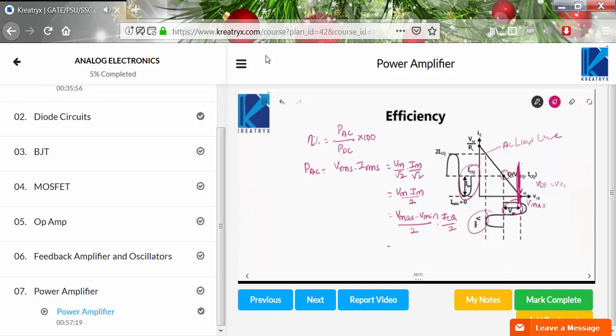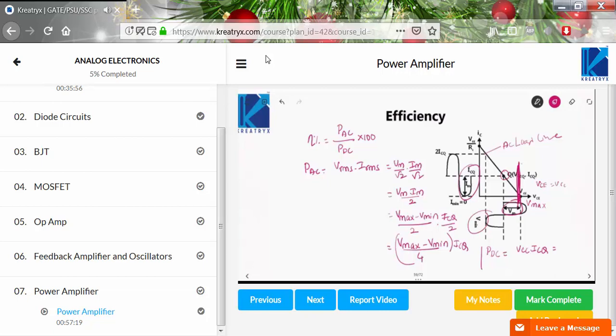Now what is it? V max minus V minimum by 4 into ICQ. Similarly, what about the PDC here? PDC is nothing but VCC into ICQ, right?